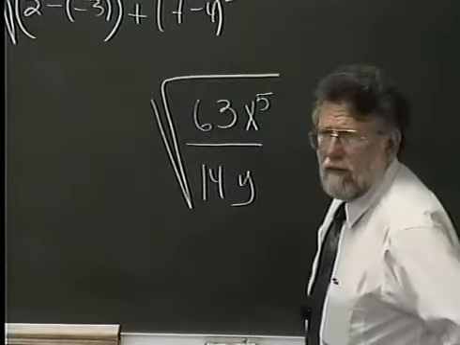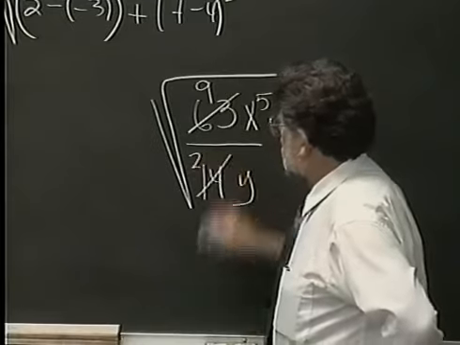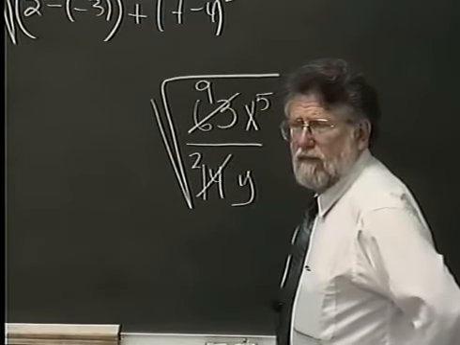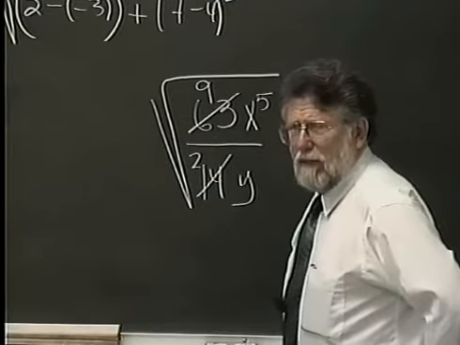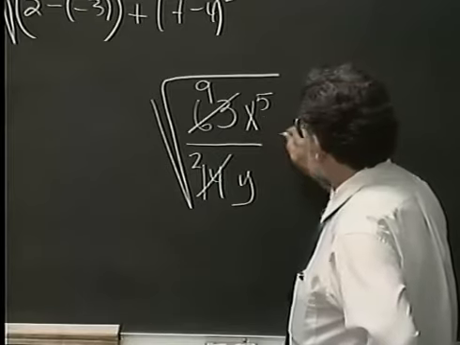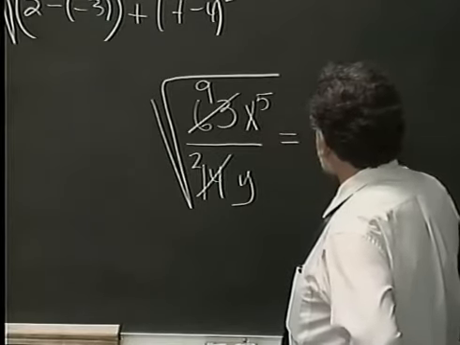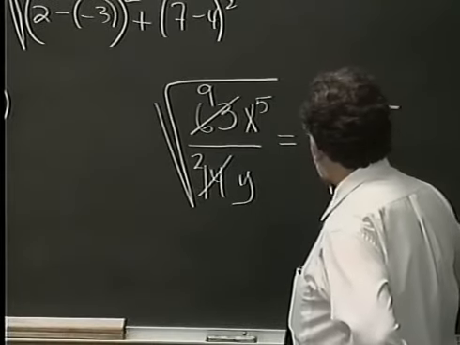Okay, what I had in mind here was to say 7 into there is 9, 7 into there is 2. Now if you saw that, things got pretty nice because this is x to the 4th and the square root of x to the 4th is x squared. So you have 3x squared, the square root of x over the square root of 2y.